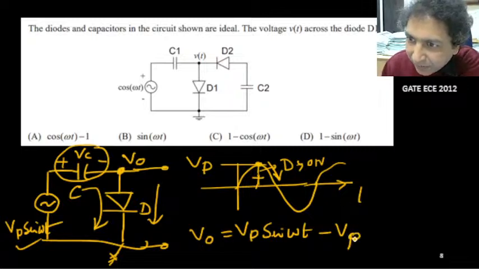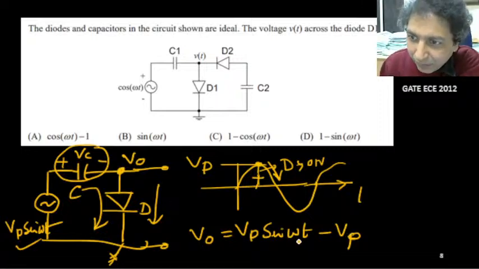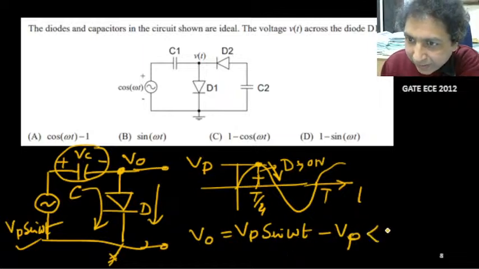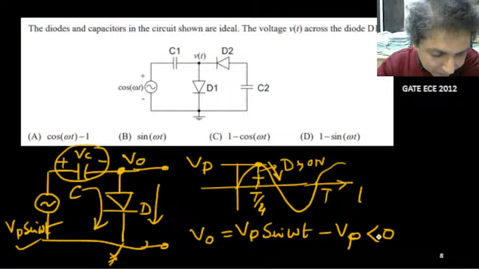I can replace it here with Vp because the capacitor is charged up to Vp. And you can see that when t is more than T by 4, this is your T by 4, no, this is your capital T. When t is more than T by 4, this value is negative because sin omega t is always less than or equal to 1.